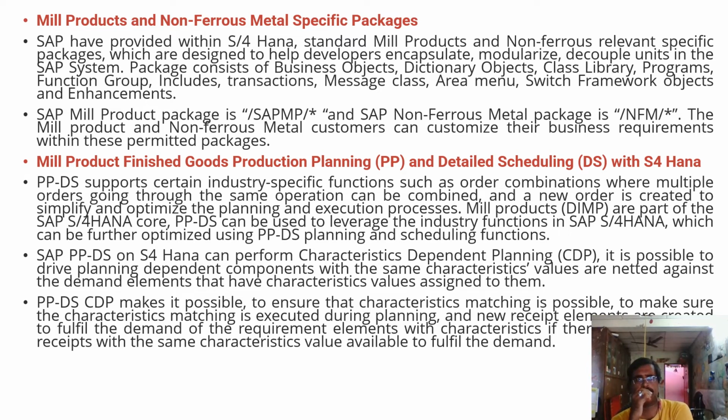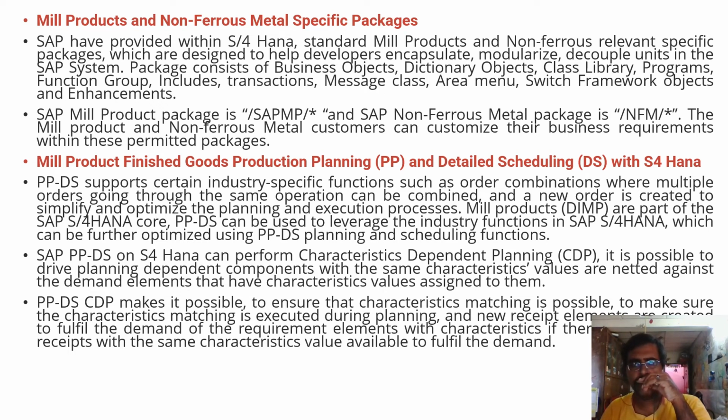So PP/DS characteristic dependent planning makes it possible to ensure that characteristic matching is executed during the planning. New receipt elements are created to fulfill the demands of the requirement elements within the characteristics if there are no existing receipts within the same characteristic value available to fulfill the demand. So this is about the PP/DS functionality in SAP S/4HANA for finished goods mill products.